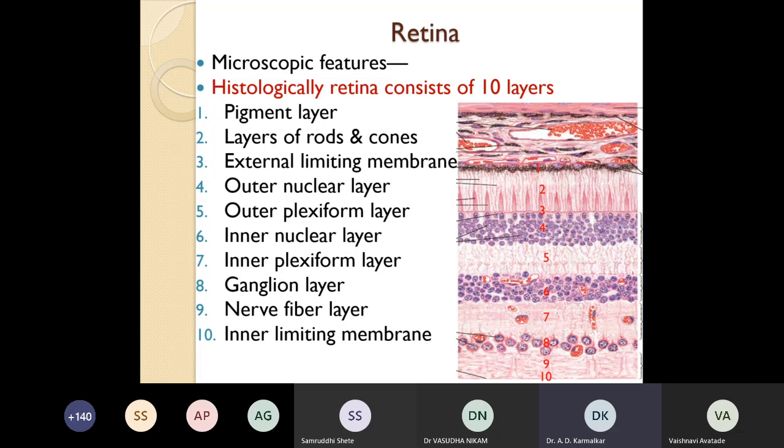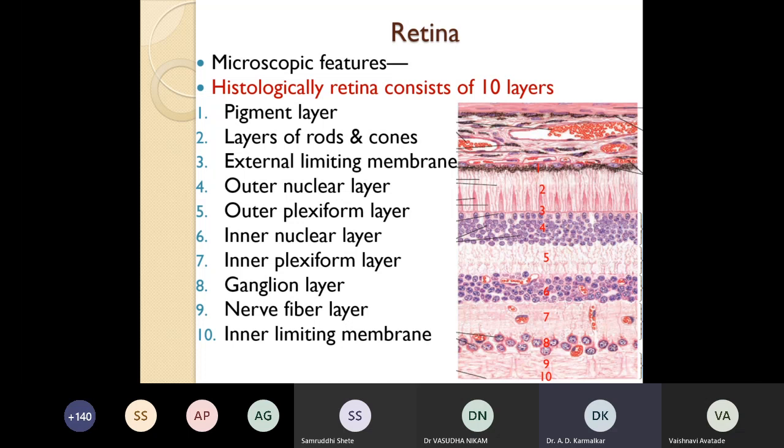Now, these rods and cones have a nucleus, which will form the outer nuclear layer. The rods and cones have an outer segment and an inner segment, which are separated by the external limiting membrane. Here I will clarify the external and internal limiting membranes.